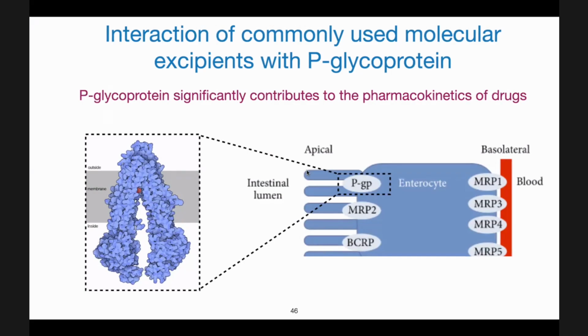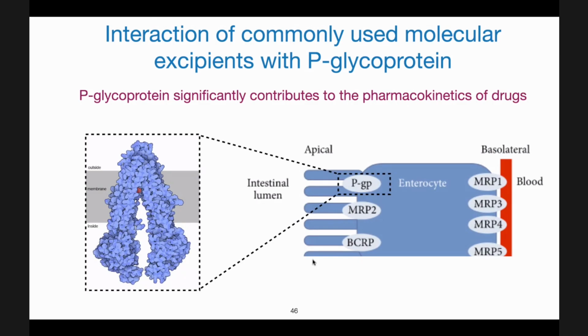In the gastrointestinal tract, because 50 to 60% of drugs are substrates of P-glycoprotein, it is one of the deciders of which drug will be absorbed and available to the blood side. It is a major player in the pharmacokinetics and pharmacodynamics of drugs.